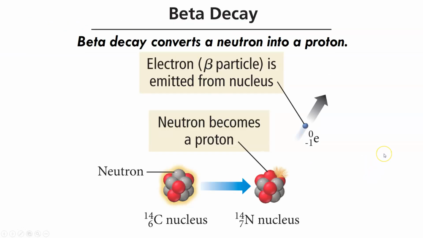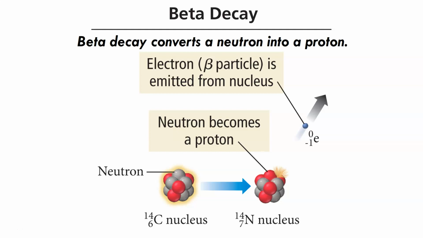So what happens is we take a neutron, we smash the neutron into pieces. One piece is a proton and one piece is an electron. We don't typically think about neutrons or protons being able to be divided up further, but they actually can. So the nucleus converts a neutron into this beta particle and into a proton.